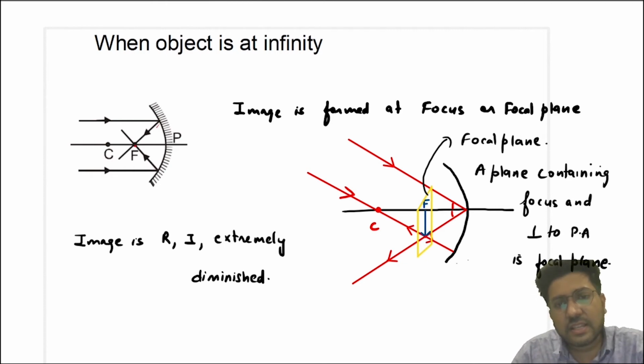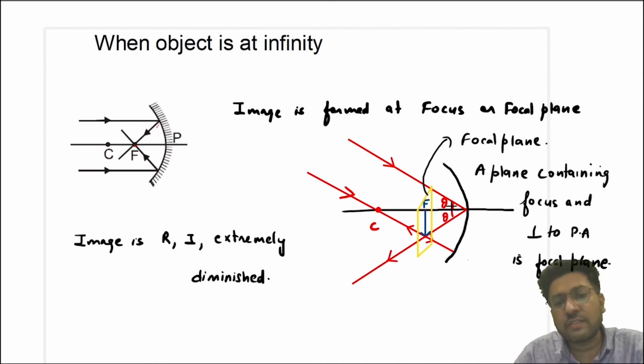This image is formed in the focal plane. What is the focal plane? A plane which contains the focus and is perpendicular to the principal axis is called the focal plane, right? Suppose this angle is theta, that means the rays are striking the principal axis at an angle theta, and this angle is also theta.